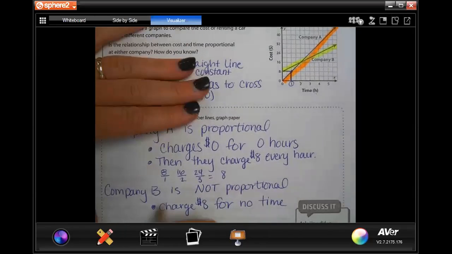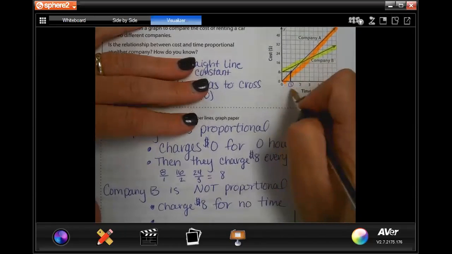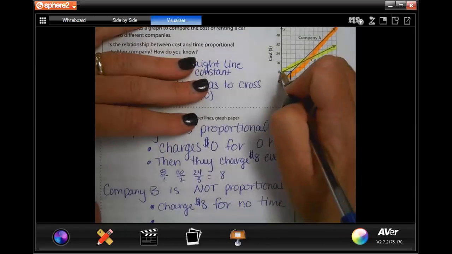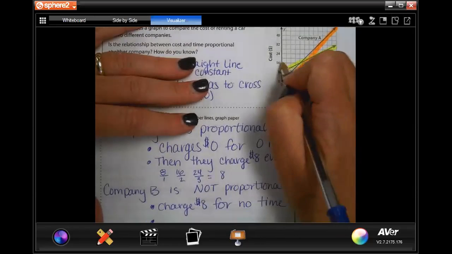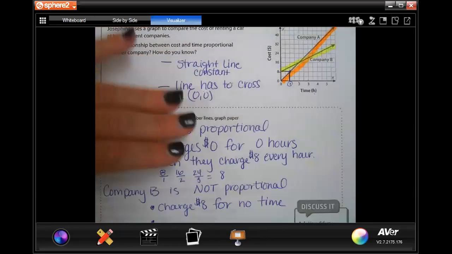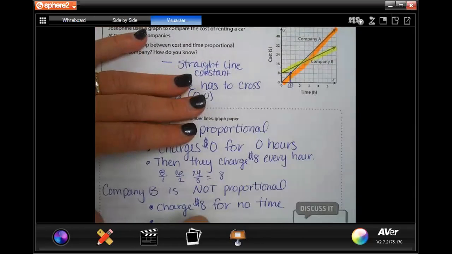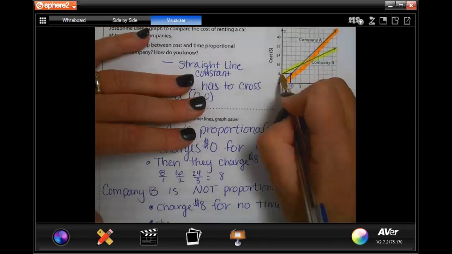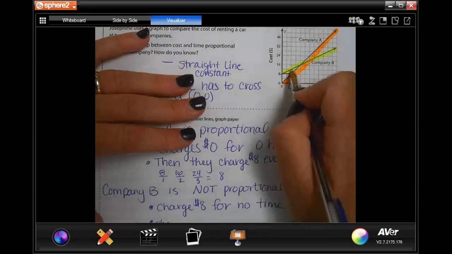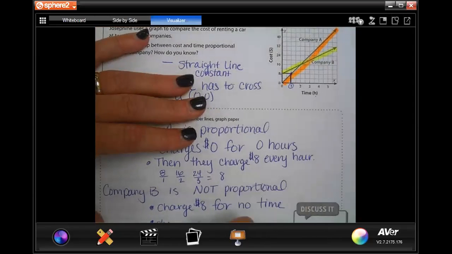But I will say, if you look at this, then they charge $4 for each hour.